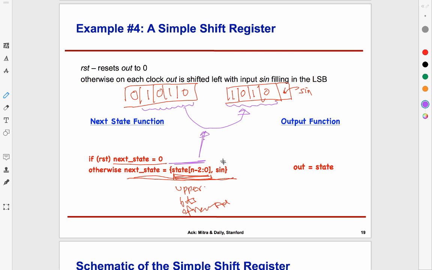And the final bit is SIN, so the least significant bit becomes SIN. So I'm basically describing this shifting operation that is happening.